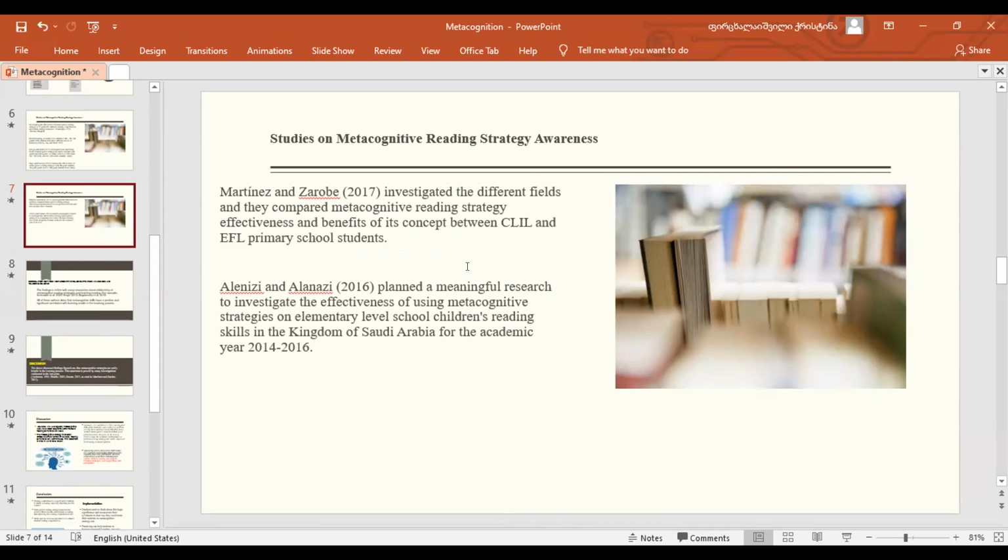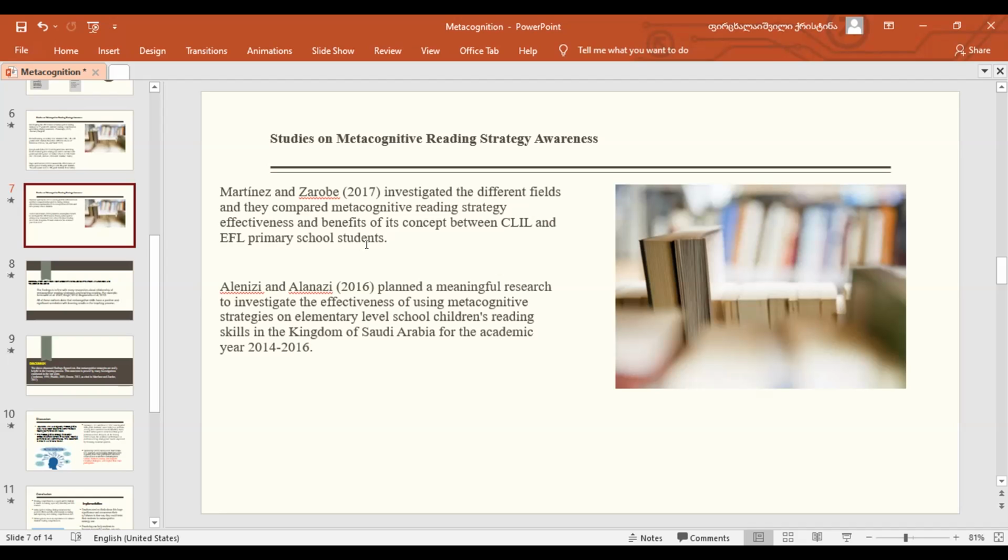And this is connected to elementary and primary level students. These scientists tried to investigate what relationship exists in this field, especially in elementary students. And they discovered that even in the case of elementary students, we can say that metacognitive reading strategies are teachable, but here also we have to explain these reading strategies in both native language and foreign language, but mostly in native language because they don't know English.